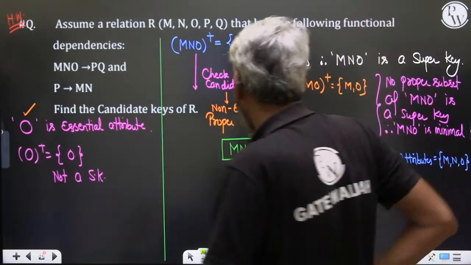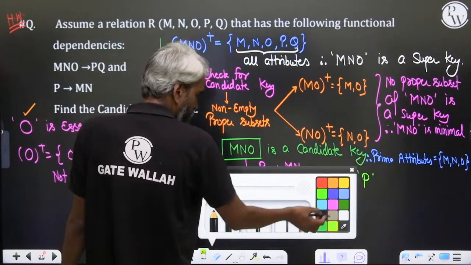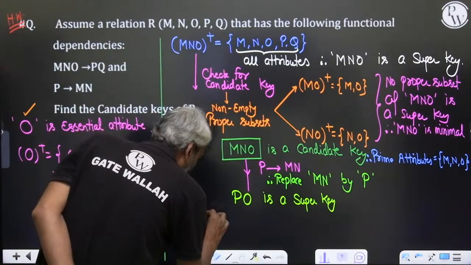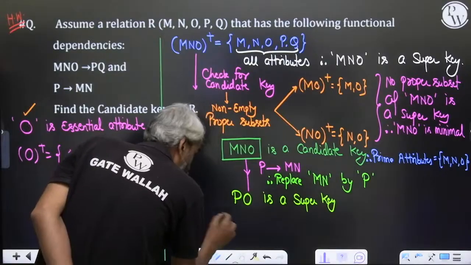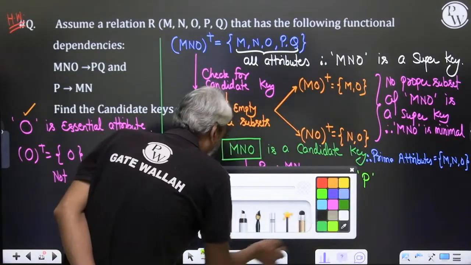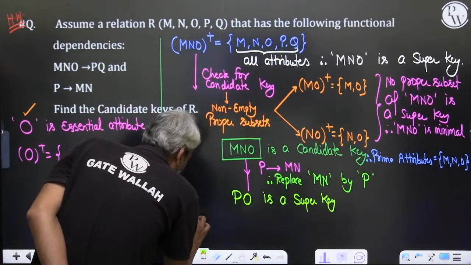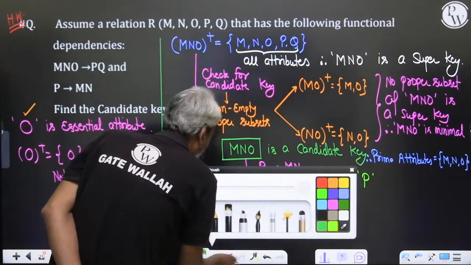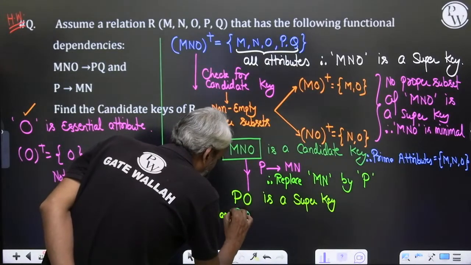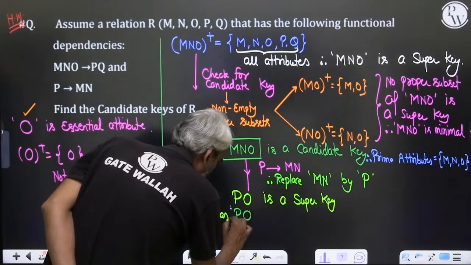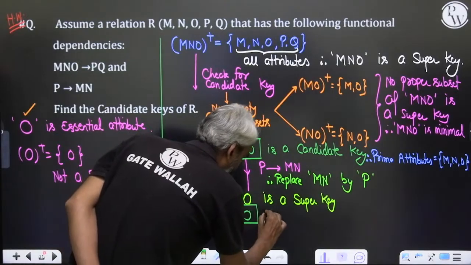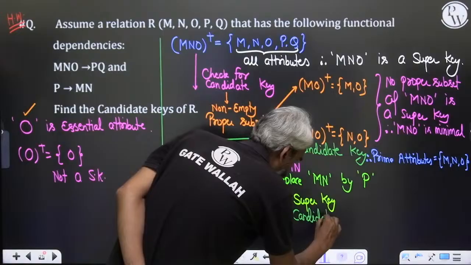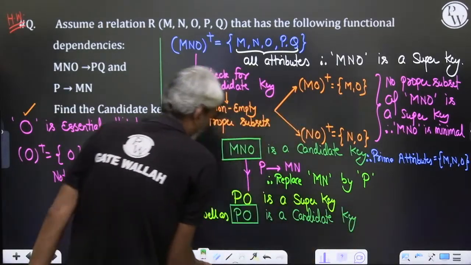O alone cannot do the job and P alone does not contain the essential attribute. So PO is a super key, and we don't need to check for anything. I can directly say that PO is a candidate key.